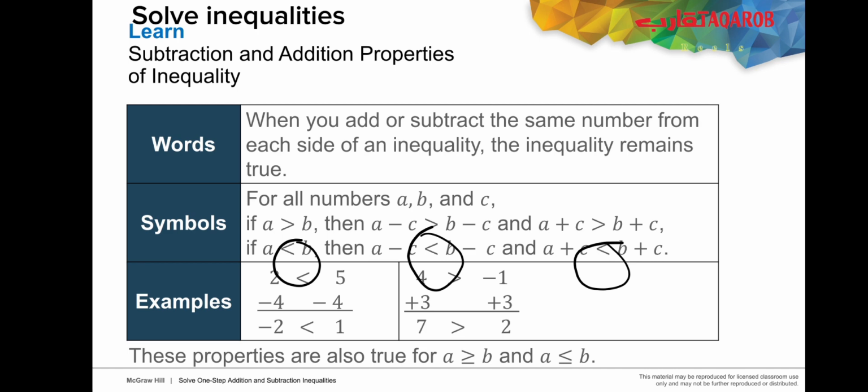Here, for example, 2 is less than 5, and if you subtract 4 from 2 and subtract the same number, 4, from 5, it keeps the inequality as it is. I have here -2 is less than 1 and it's still true.